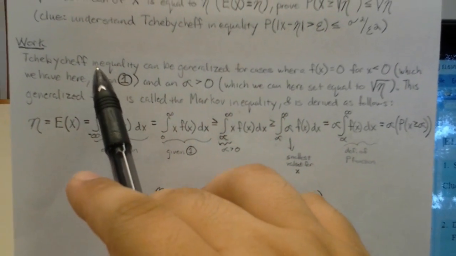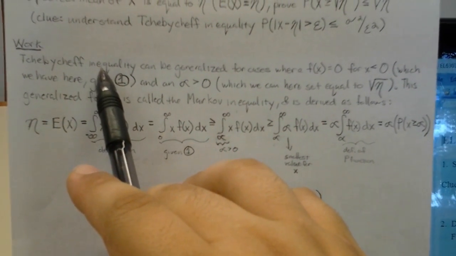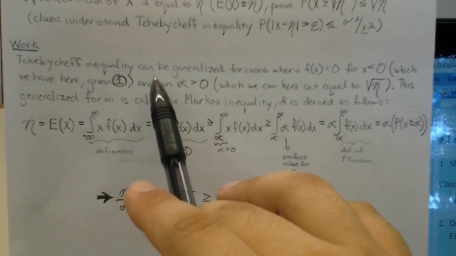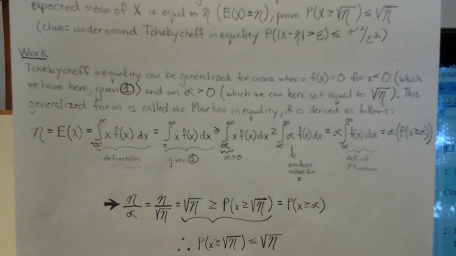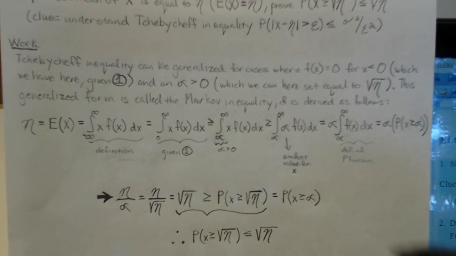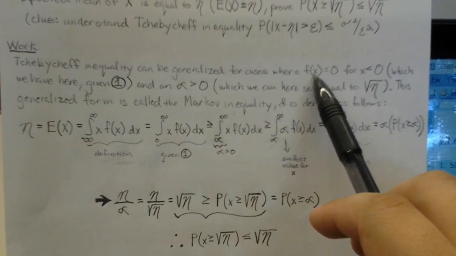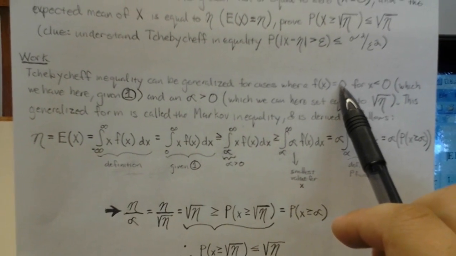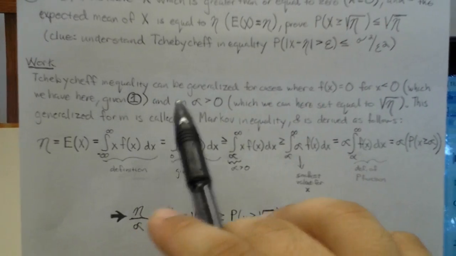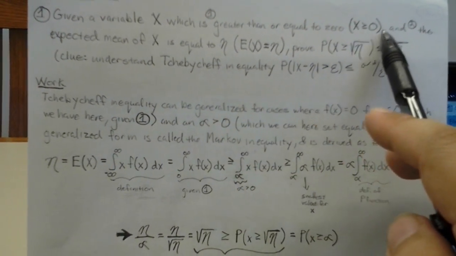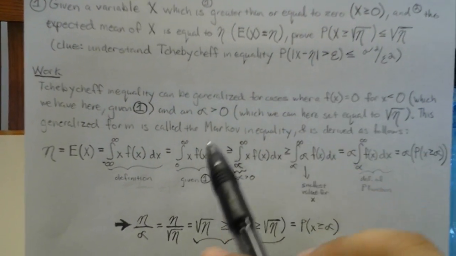Specifically, we're going to be using a generalization of the inequality that's given in our clue. That is called the Markov inequality, which we'll get to in a minute. This generalized form works in cases where f of x is equal to 0 for x less than 0, which applies in our case because we're only working with x greater than or equal to 0.